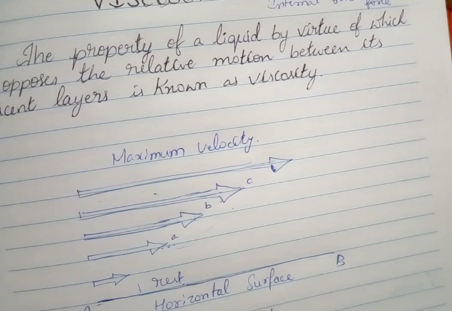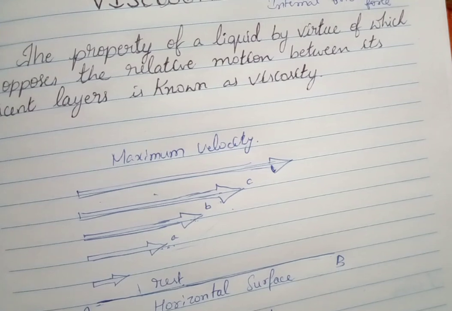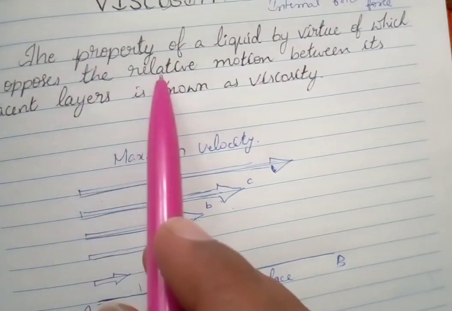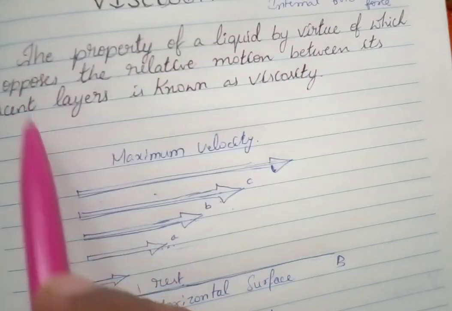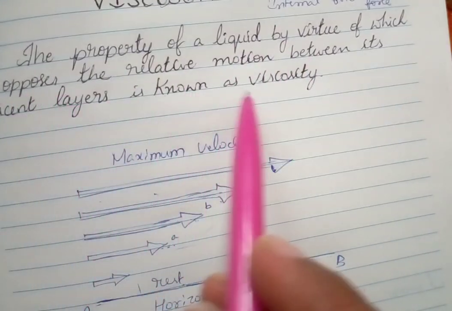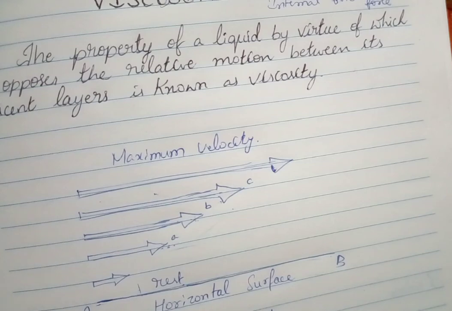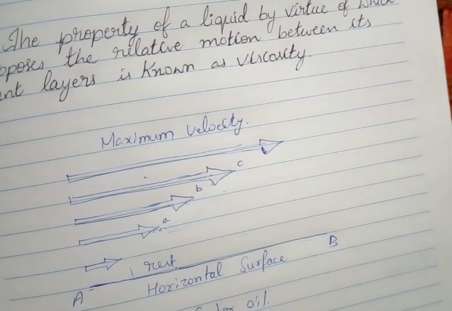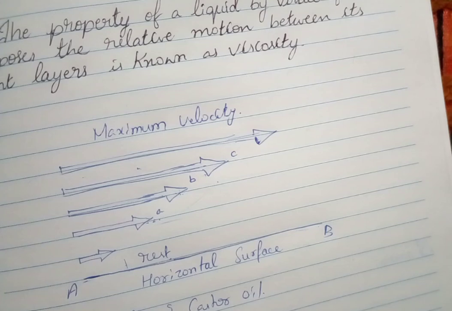The property of a liquid by virtue of which it opposes the relative motion between its adjacent layers is known as viscosity. Now, after understanding the meaning of viscosity, we'll take some examples.